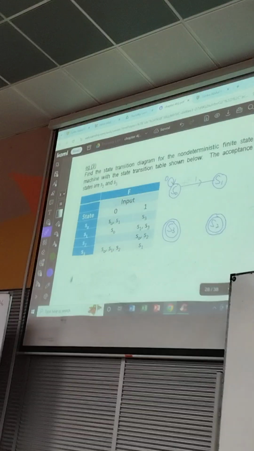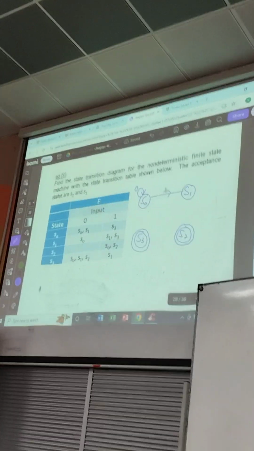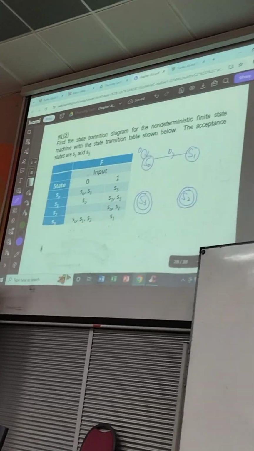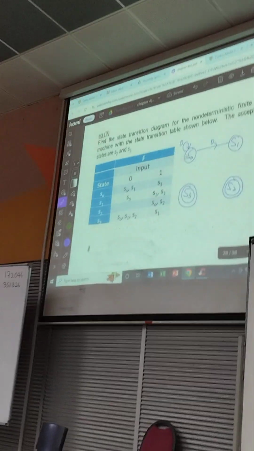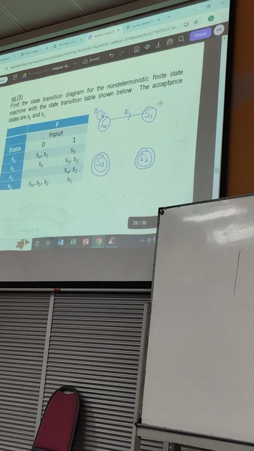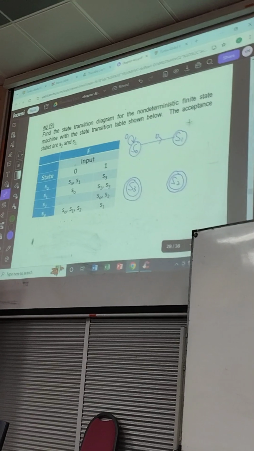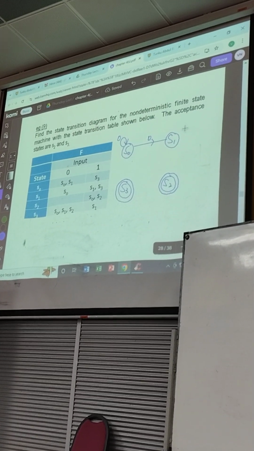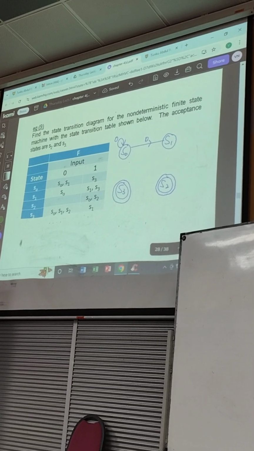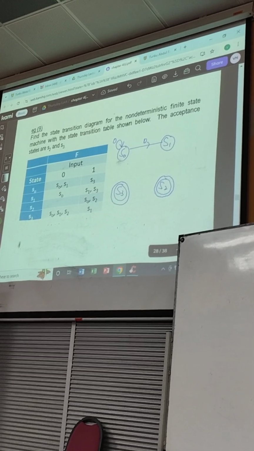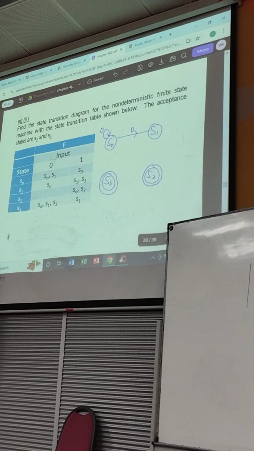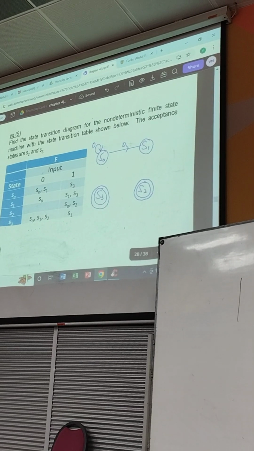So you see here, the input 0 goes to one S0, another one goes to S1. Just now, we don't have this case, right? So only for non-deterministic, it will happen like this. Input 0 can go to 2 different states.